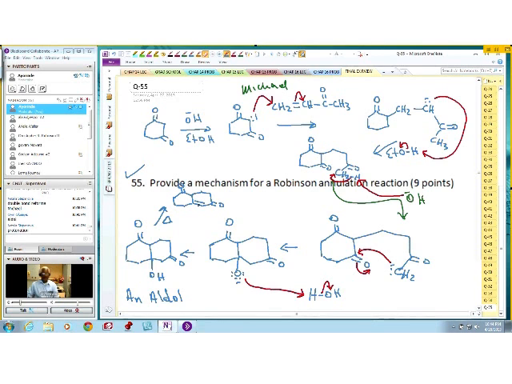What you've done here is the aldol condensation, the intramolecular aldol condensation, and this complete process is what we refer to as the Robinson annulation. Keep in mind, Robinson annulation is a combination of a Michael addition reaction followed by an intramolecular aldol condensation.